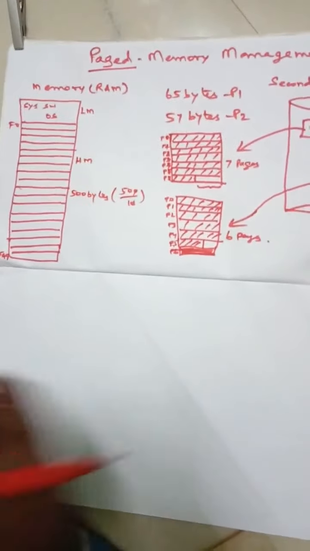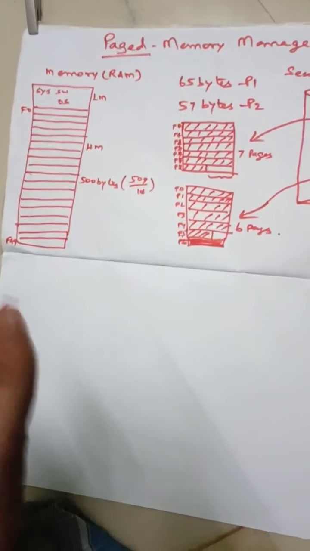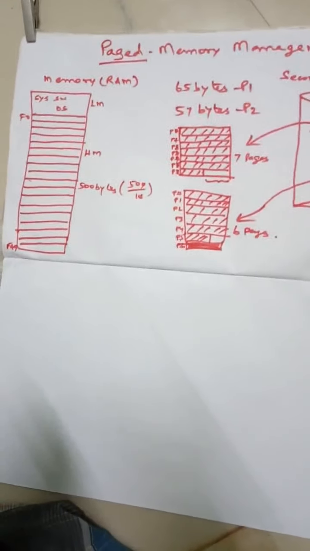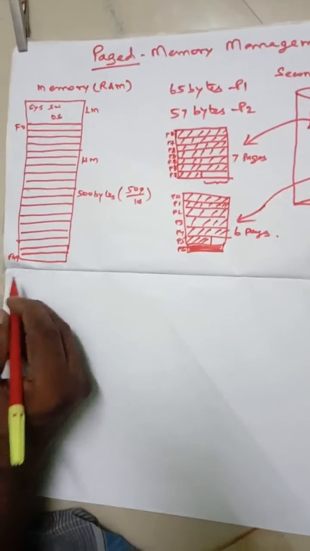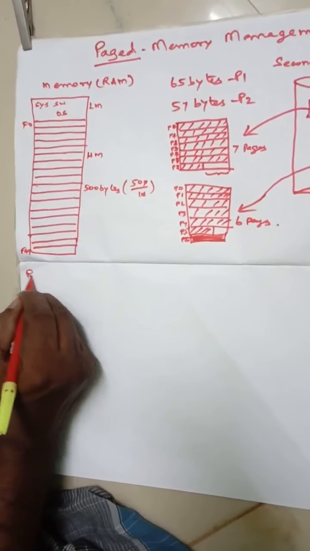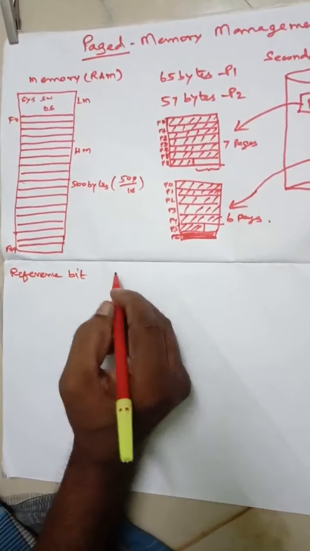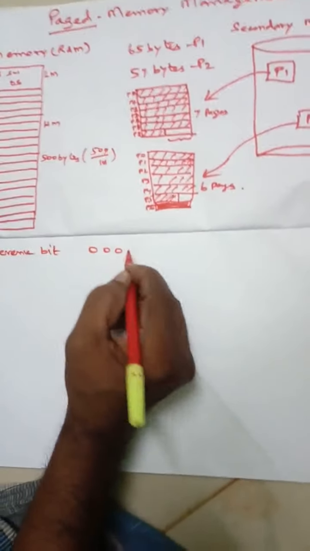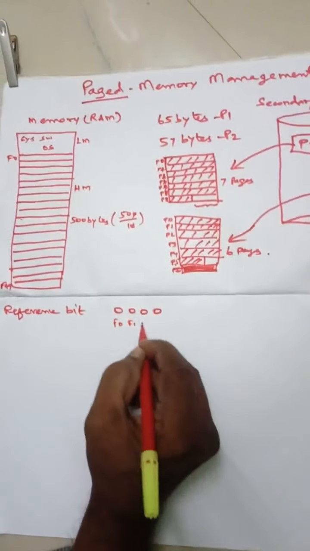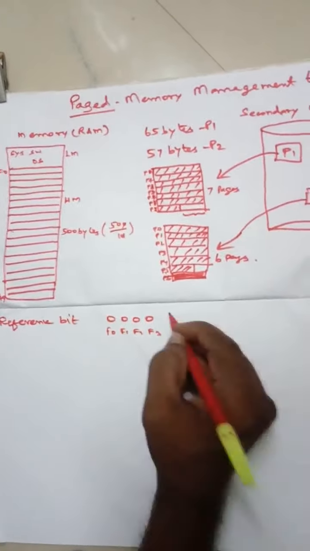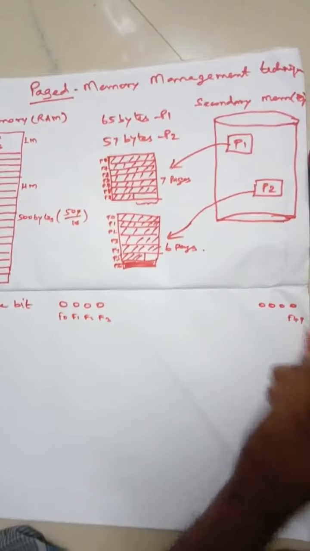So if a frame is allocated, it is referred to as 1. If it is not yet allocated, it is referred to as 0. So there is a reference bit. For your understanding, 0000 means frame 0, frame 1, frame 2, frame 3 up to frame 49.